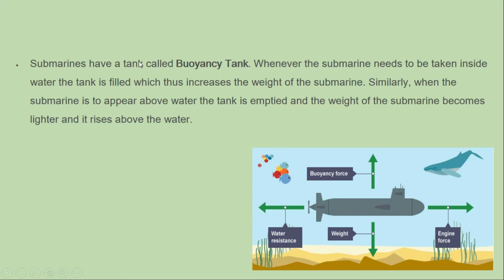Submarines also have a buoyancy tank. Whenever the submarine needs to go inside the water, it needs to increase its weight. Similarly, whenever the submarine wants to appear above the water, it empties the tank, so the weight of the submarine becomes lighter and it rises up in the water.